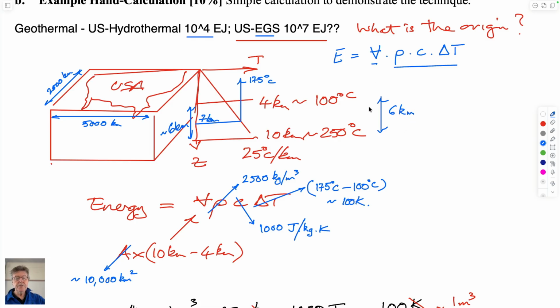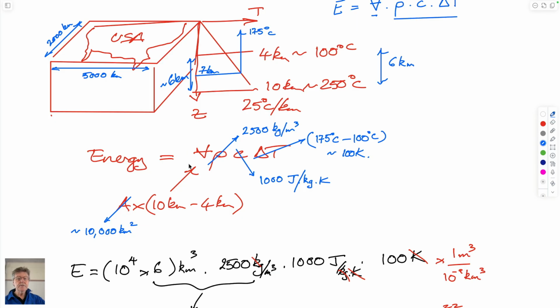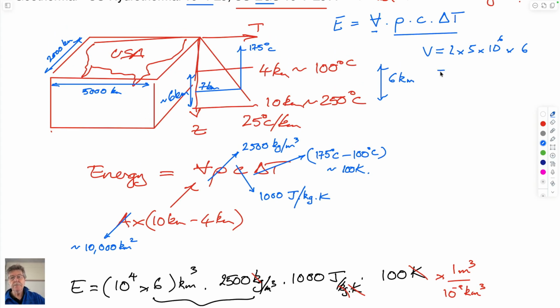So if we want to calculate what this volume is, then the volume is going to be equal to 2 times 5 times 10 to the 6, 5,000 by 2,000, times 6. So that is going to be equal to 60 times 10 to the 6.